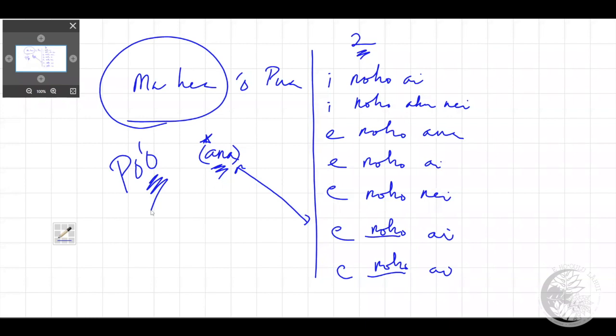In other words, I wouldn't just start off a sentence or a conversation by saying, Ma Maui wau e nohone. Maui is where I'm living.